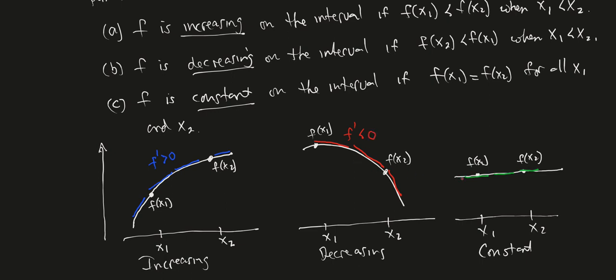And then over here, you can see what's going to happen. At all of these points, because the function is a constant, we know that the derivative of any constant is always 0. So the slope of all these tangent lines is 0. Hence, the derivative evaluated at any of these points is equal to 0, right?